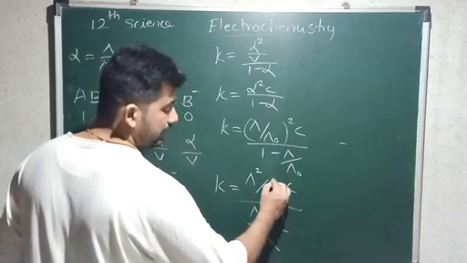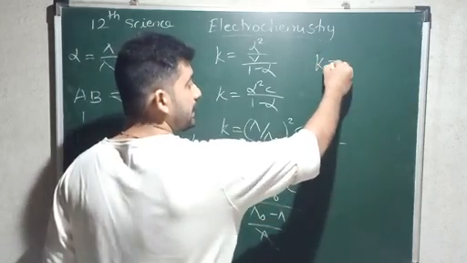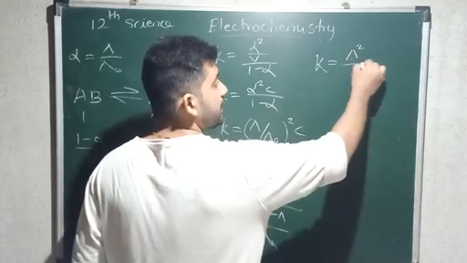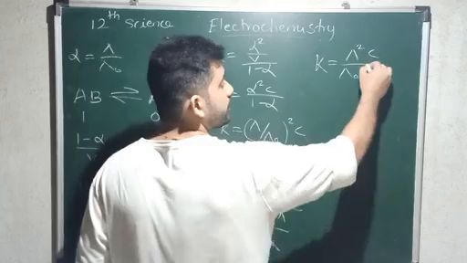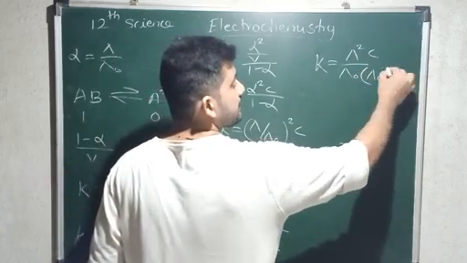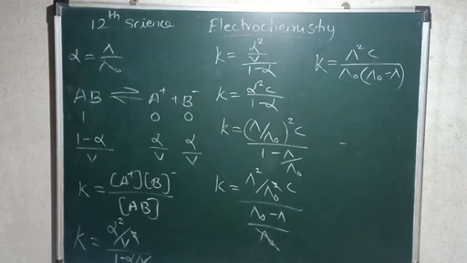Lambda 0 will get cancelled, and we get K as lambda square C upon lambda 0 into lambda 0 minus lambda. This K is known as the reaction constant, also known as the dissociation constant.